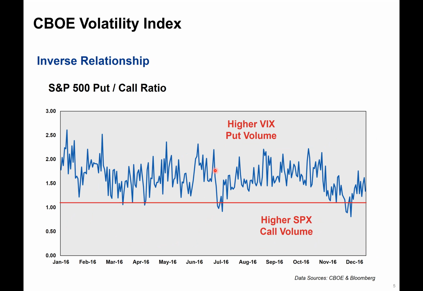So the put trading activity tends to increase even more and is more aggressive on the buy side when we get some sort of sell-off in the S&P 500 or equity market weakness.